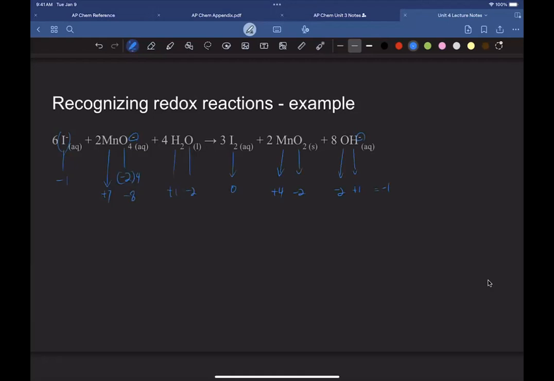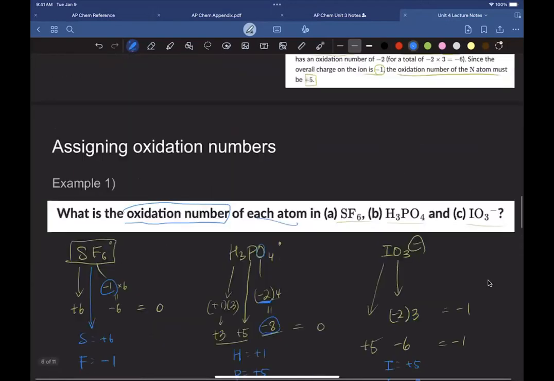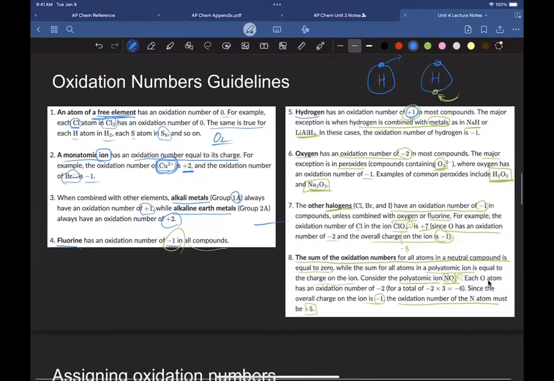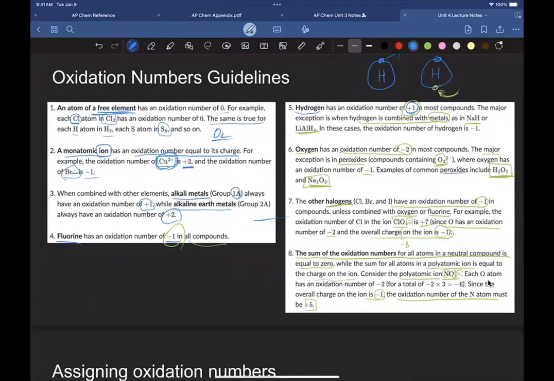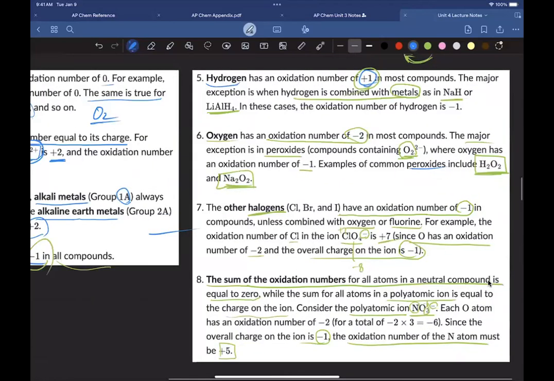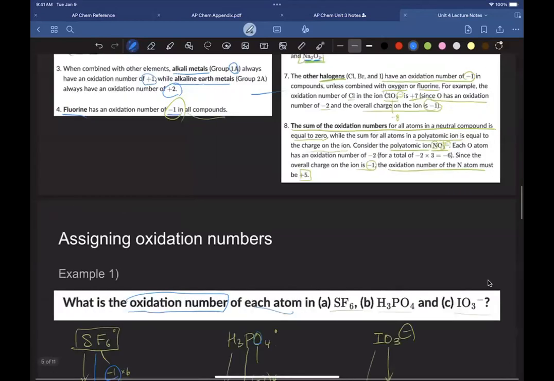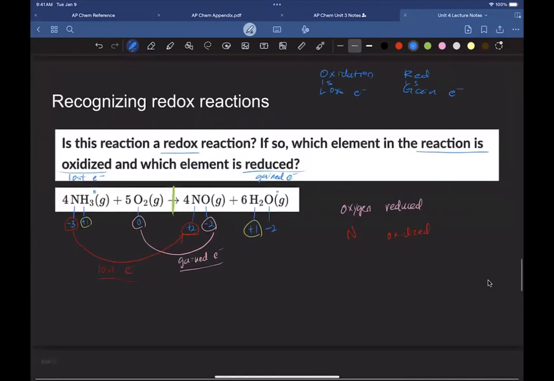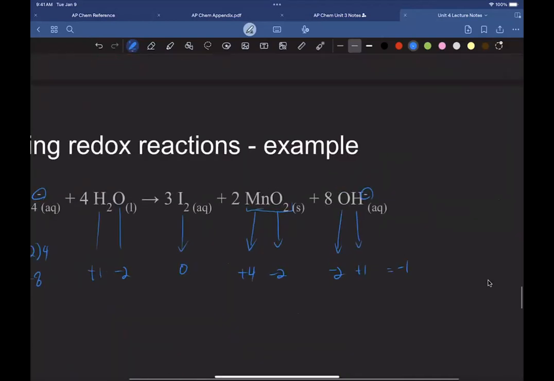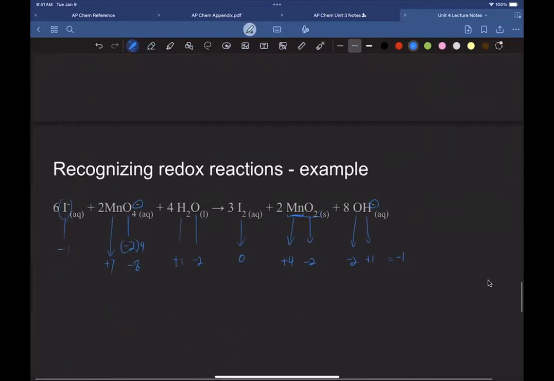I know you might have thought that MnO2 is a peroxide, but in this case it's not a peroxide. A peroxide usually has O2 with a different pattern, but in this case it was just simply Mn1 and O2. So this one is -2.